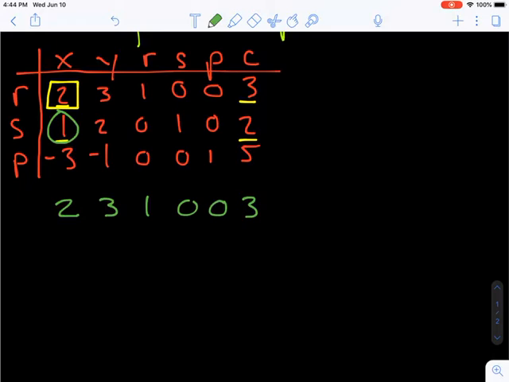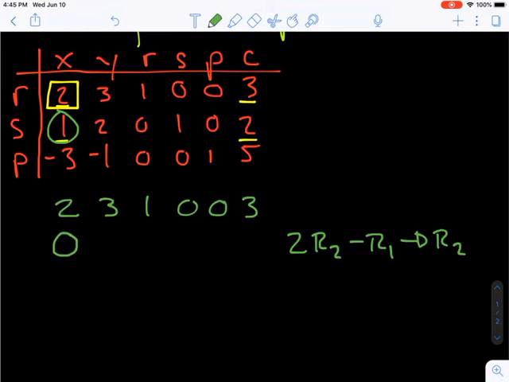And so if I take 2 times row 2 minus row 1 and then replace row 2, that would give me a 0 there. So I'm taking 2 times row 2, so 2 times the 0, 2 times the 1 would be a 2, minus row 1, 2. 2 minus 2 is 0.